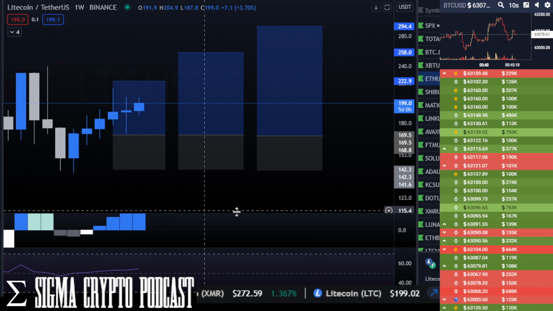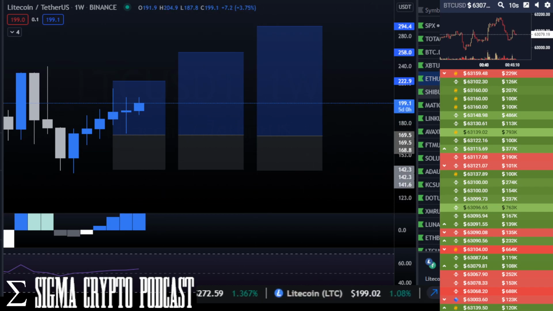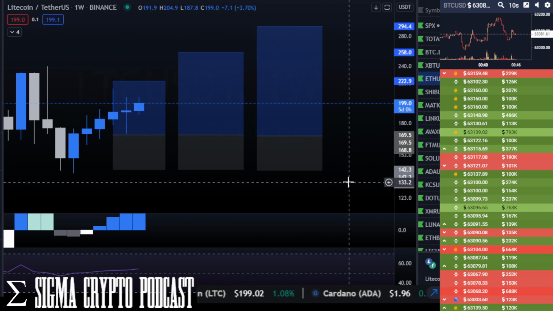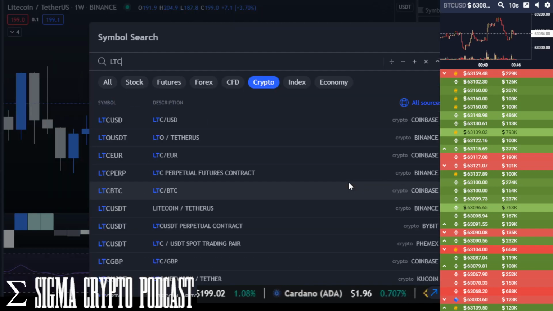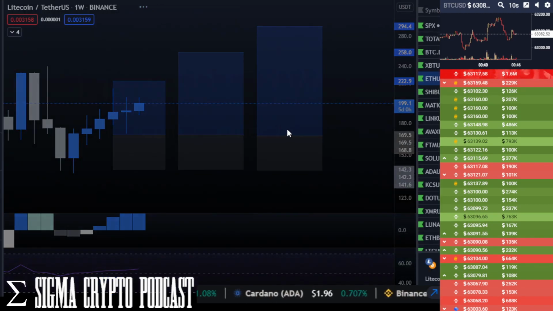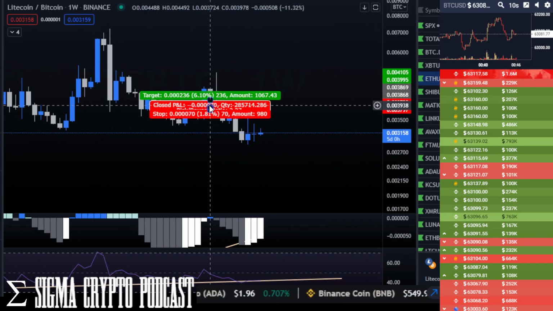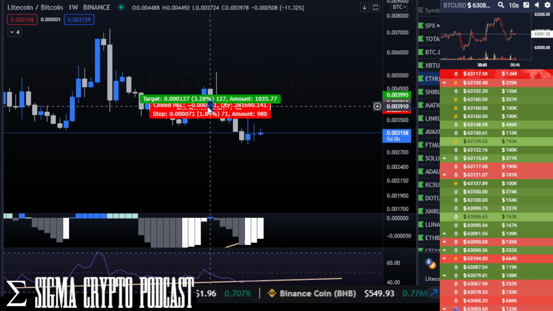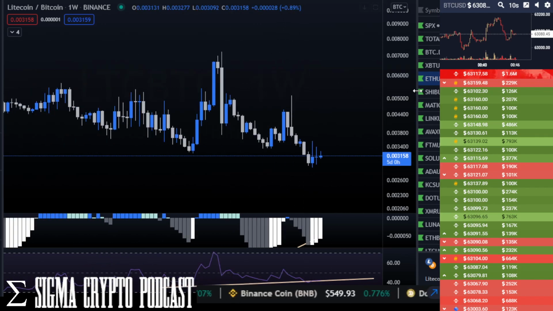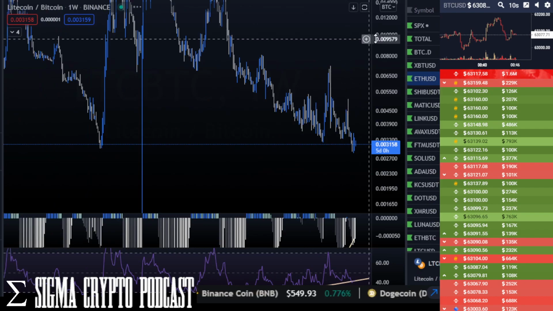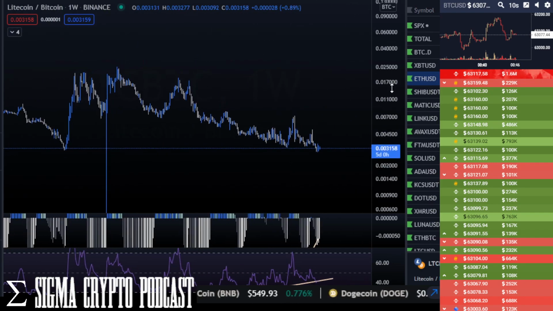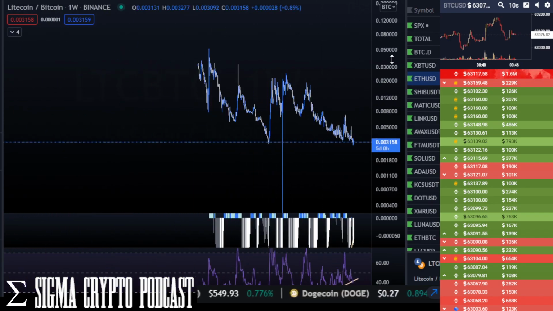Oh my goodness, this is an insane symmetrical triangle on Bitcoin, Litecoin. Litecoin, Bitcoin, yeah, weekly. You have a symmetrical triangle? Yeah, if you... Well, I'm using the December low, yeah.